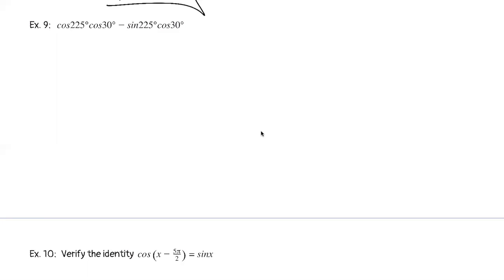Okay, what are you confused about for number 9? Yeah. Okay. Well, which formula does that look like from the cosine ones that we just learned, right? We just learned 2 new cosine formulas. So there's the cosine sum and the cosine difference.